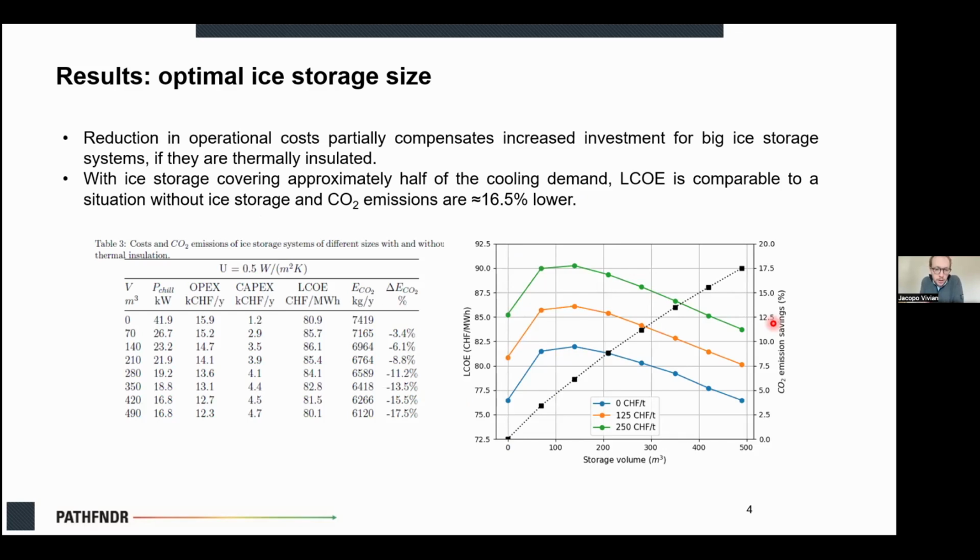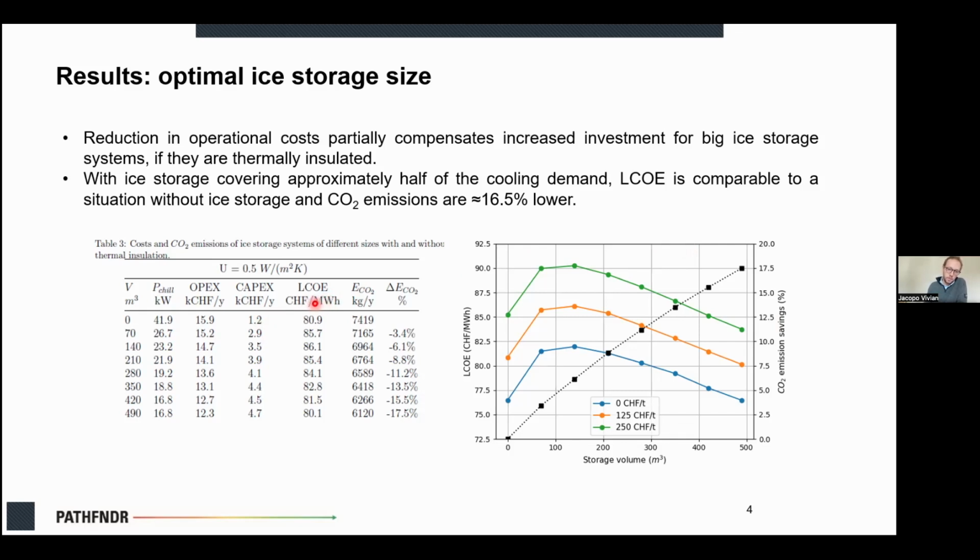Let's come to the economic part. This is tricky because we want to compensate the investment for the ice storage by having lower cost for cooling.